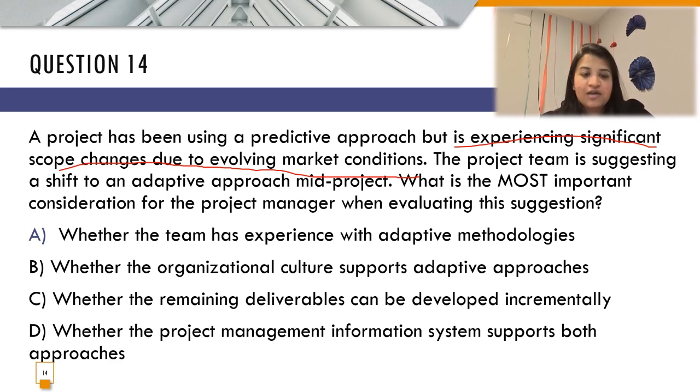So the correct answer choice over here is option C. It comes after that for the project manager to understand the team's experience in adapting to these kinds of methodologies, or the organizational culture support for navigating through this transition. So the correct answer over here is going to be option C.